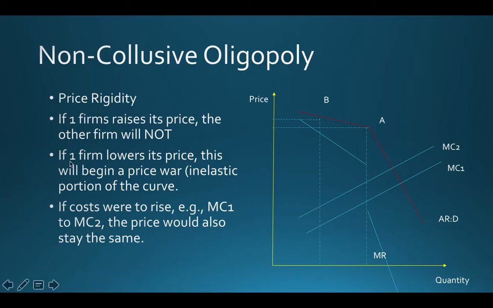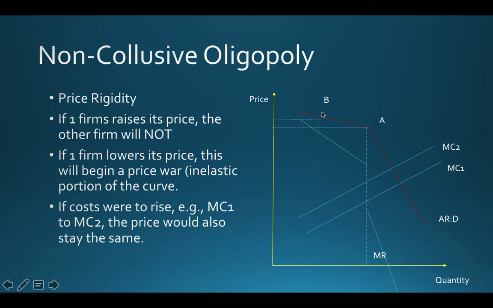And there's a reason for this. If we're in that elastic portion of the curve, then basically the other firm would not raise its price. So we raise our price, the other firm doesn't, everybody switches to the other firm, and we lose a lot of sales. Hence, we lose a lot of money.